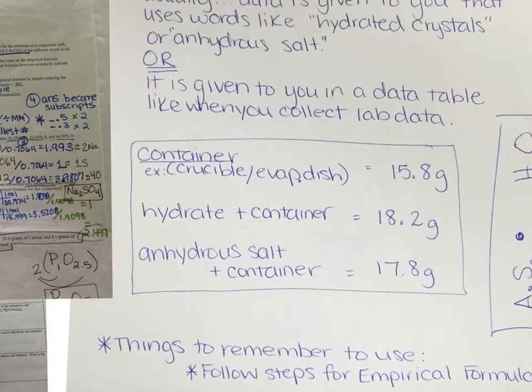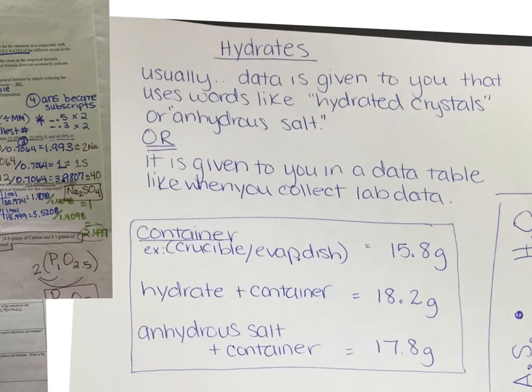Let's focus on what you picked up at the door. If you'd like to add to your title, what we're talking about are mystery hydrates, right? Mystery hydrates. And that's when we are solving for that coefficient value, okay? So usually in these kinds of problems, data is given to you that uses words like hydrated crystals or anhydrous salt.